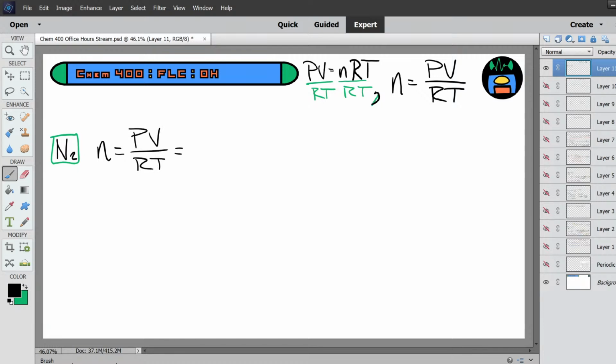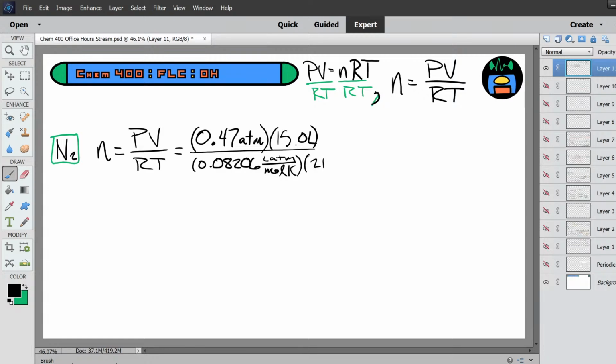If you plug in your values, we're given our pressure of nitrogen is 0.47 atmospheres. Our volume was 15.0 liters, over our ideal gas constant 0.08206, and this is liter atmospheres per mole Kelvin, times our temperature, which was 215.00 degrees Celsius.